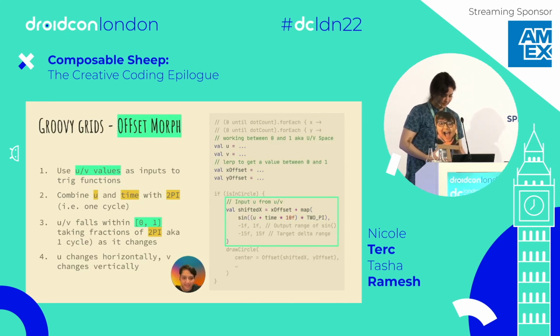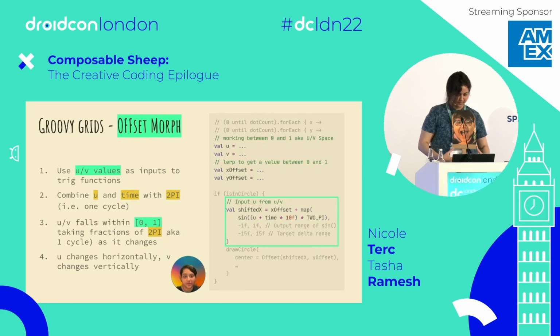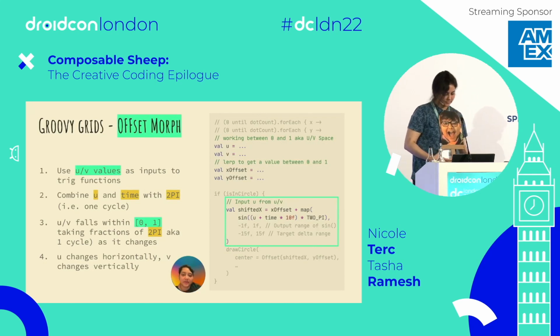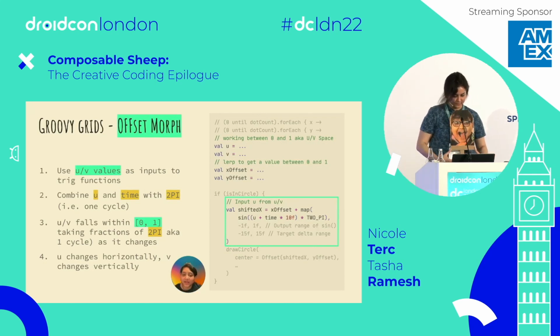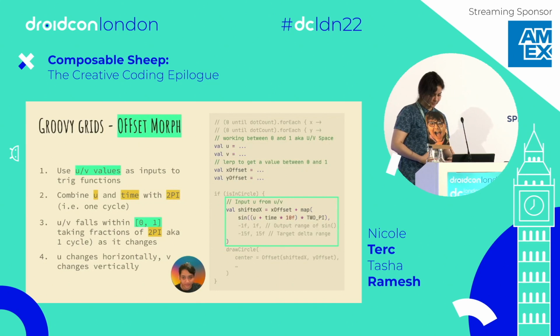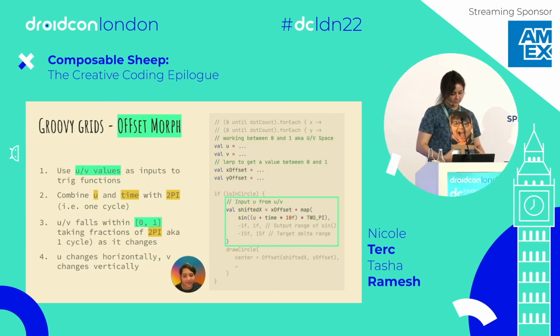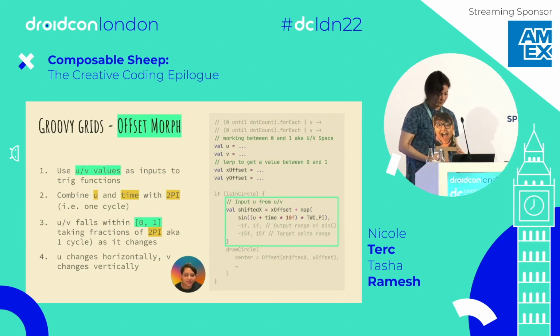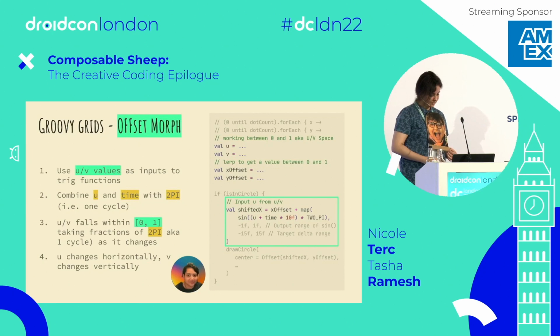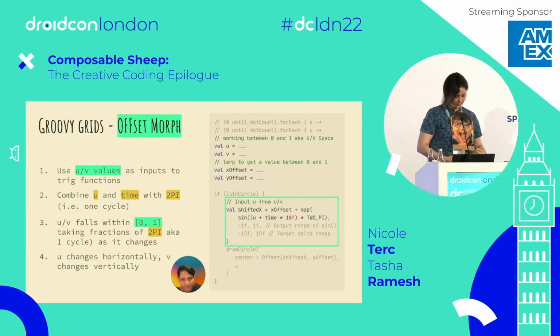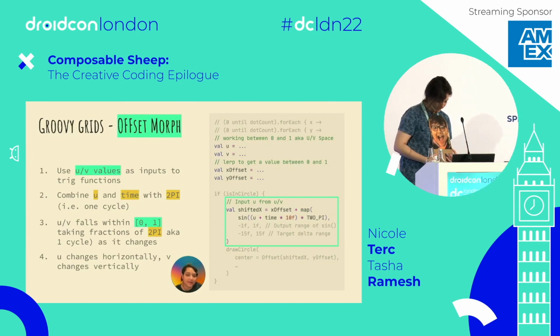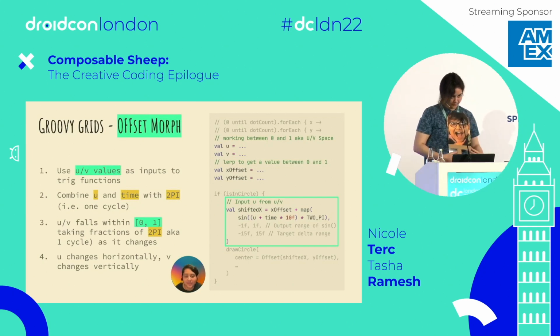2 key things to note here. First, we plug in the UV values from earlier into our trig functions. Then we combine those with the time that we're getting from the sketch composable and 2 pi. Since u ranges from 0 to 1, we're just going to be taking fractions of 2 pi with this equation, essentially. So you can use either u or v here depending on the output that you're looking for. U will change things horizontally and v will change things vertically.